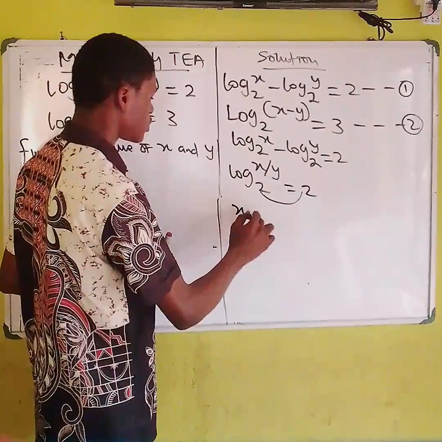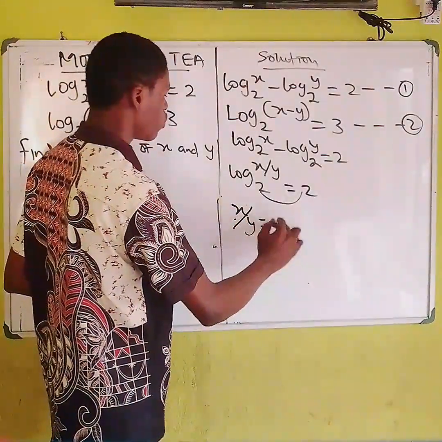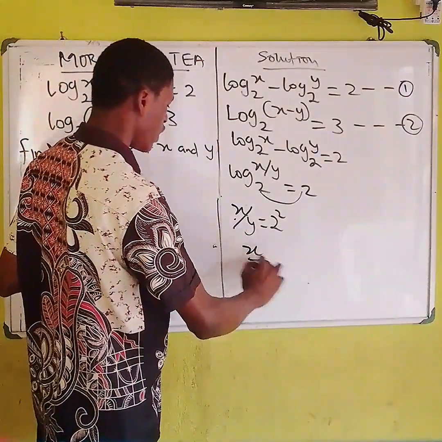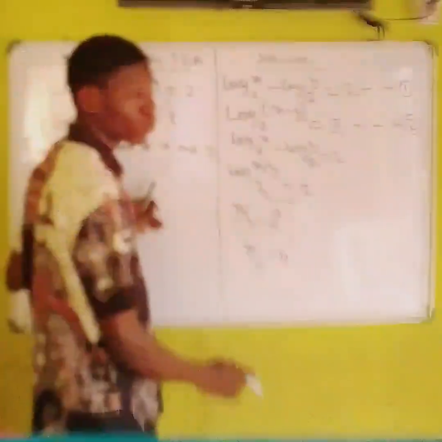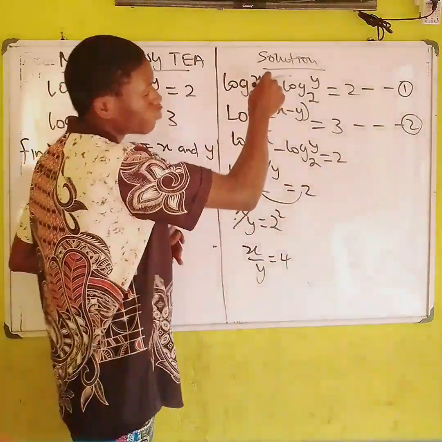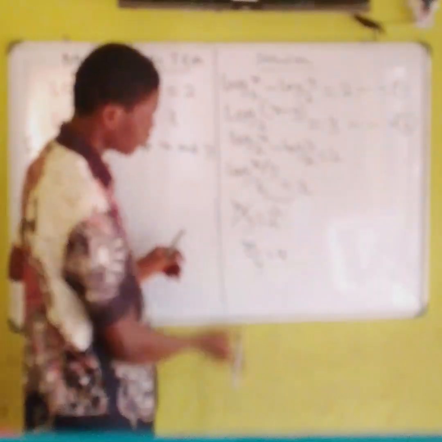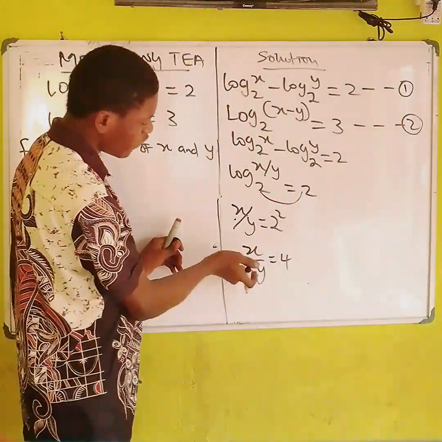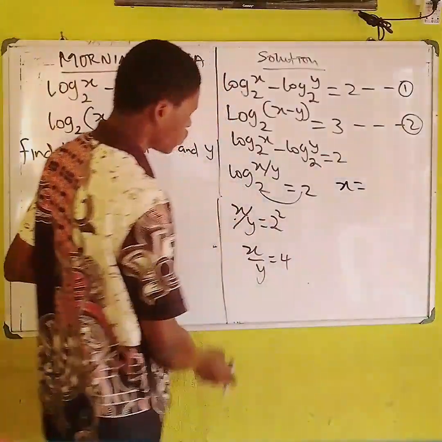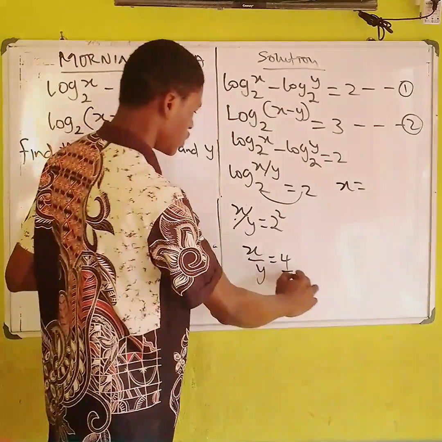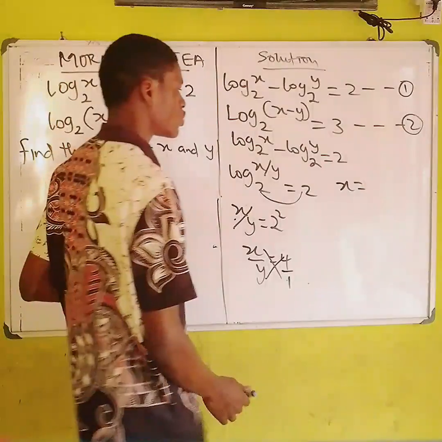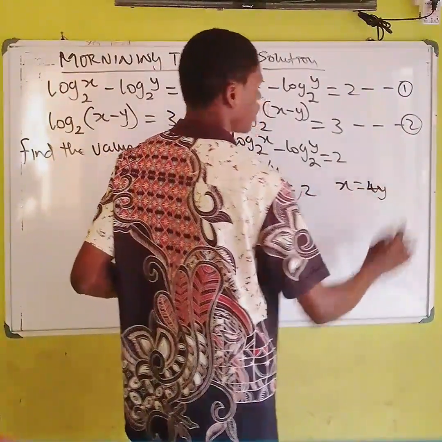Now I have that x divided by y is equal to 2 raised to the power of 2. So therefore, x divided by y is equal to 4. I did this from equation 1. Now, I can still further deal with this by cross multiplying: x times 1 is x, 4 times y is 4y.